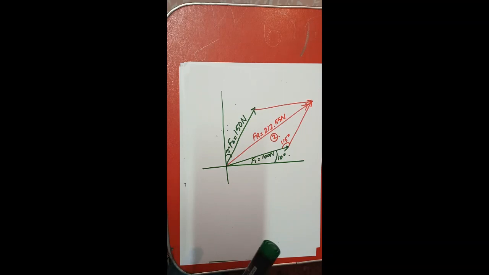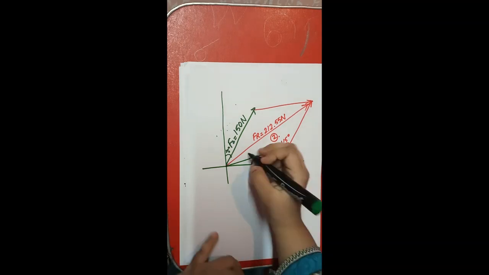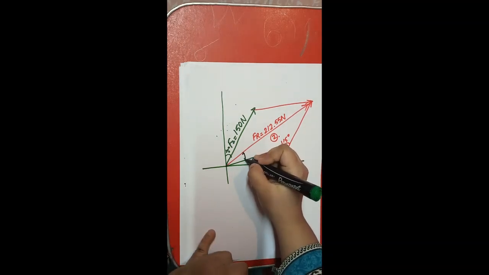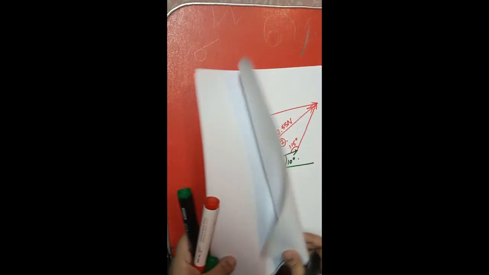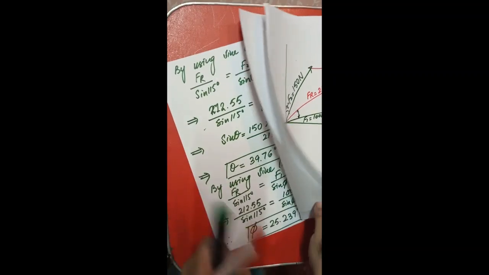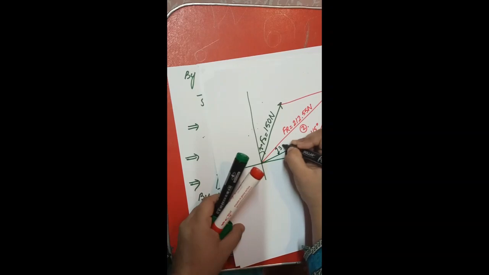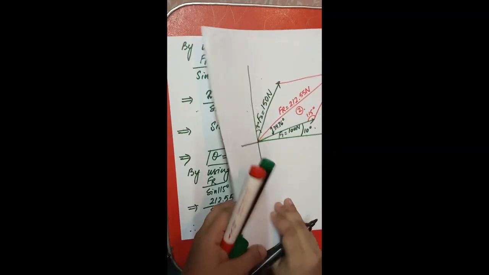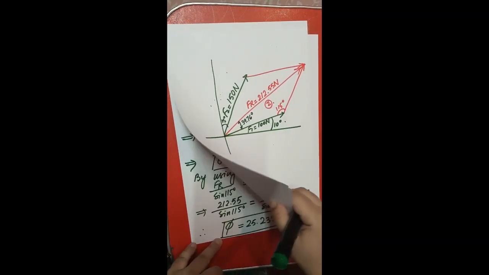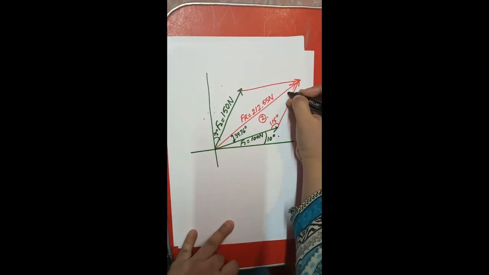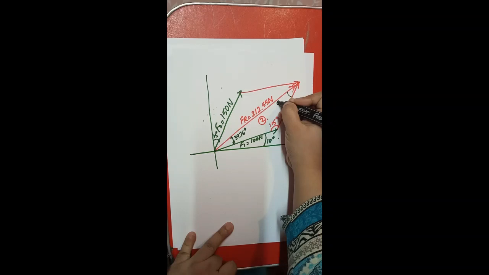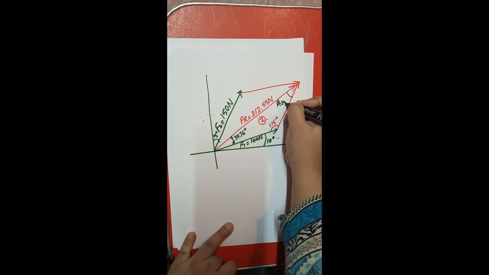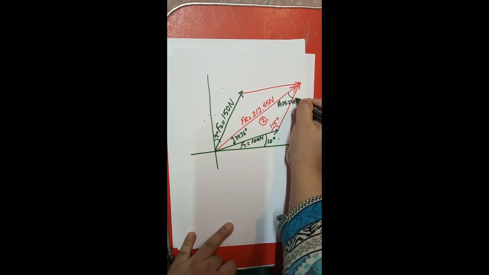The value of theta is here. We have already found theta, which is 39.76 degrees, and the value of phi is 25.239 degrees.